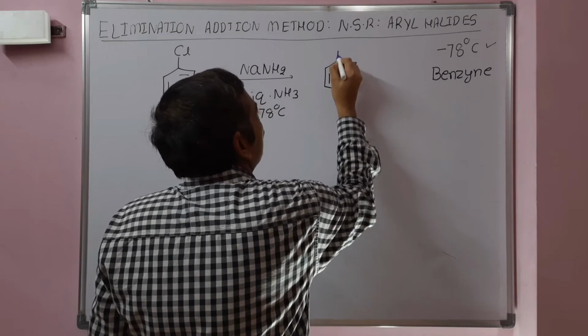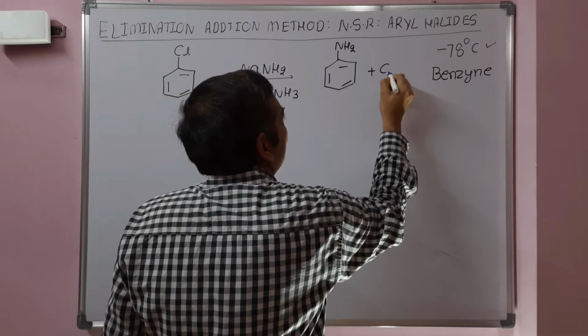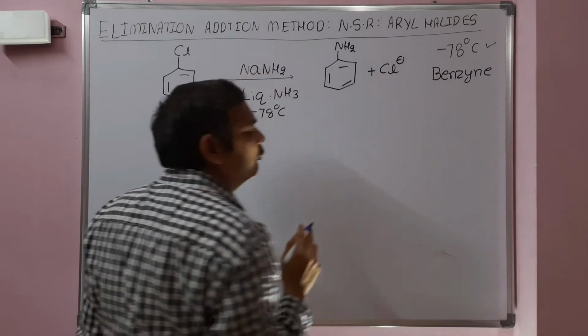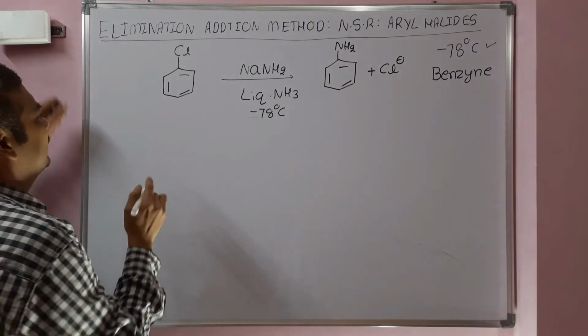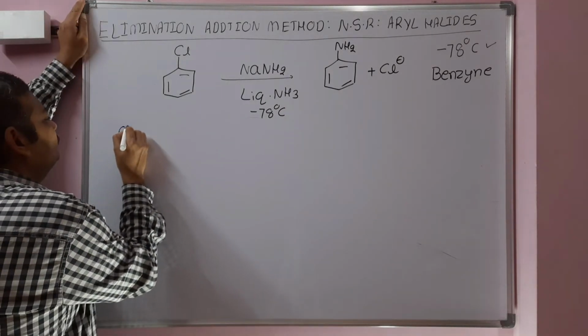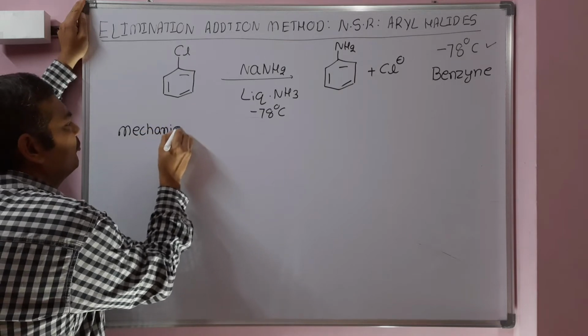So NH2 minus is the nucleophile that will come in, and the other nucleophile will go out. Nucleophilic substitution reaction. Let's see the mechanism of this reaction. If you see the mechanism, we can understand very easily.